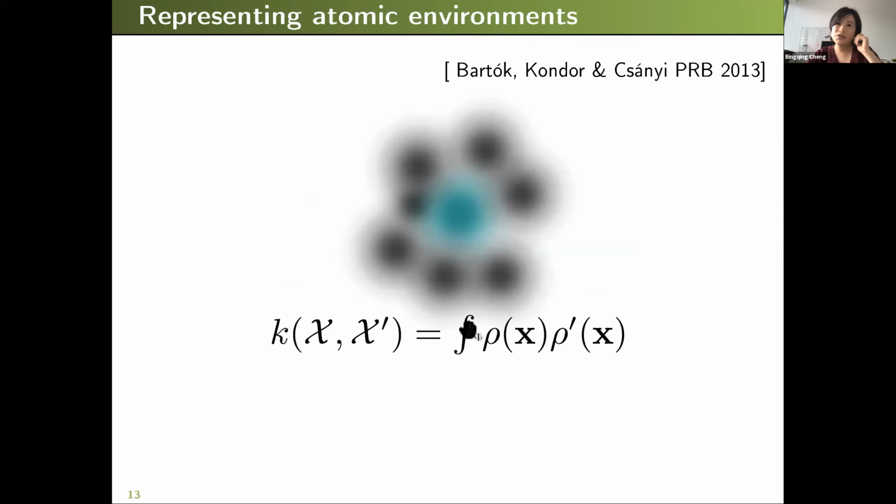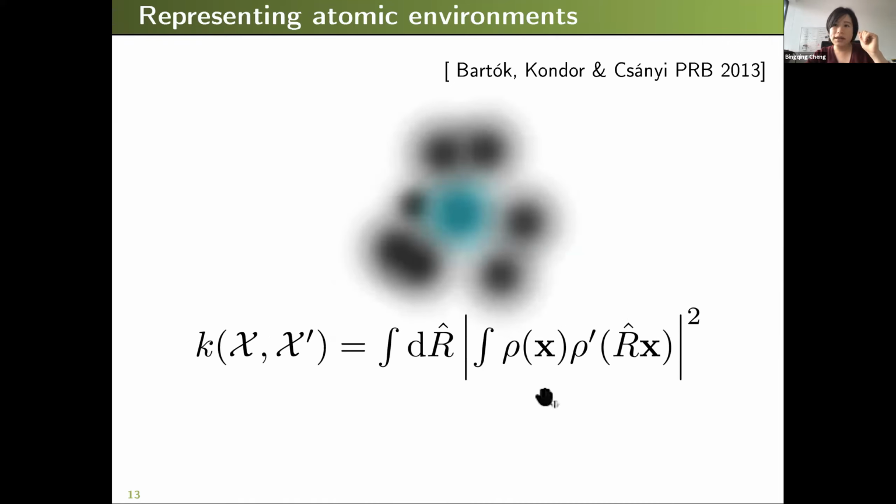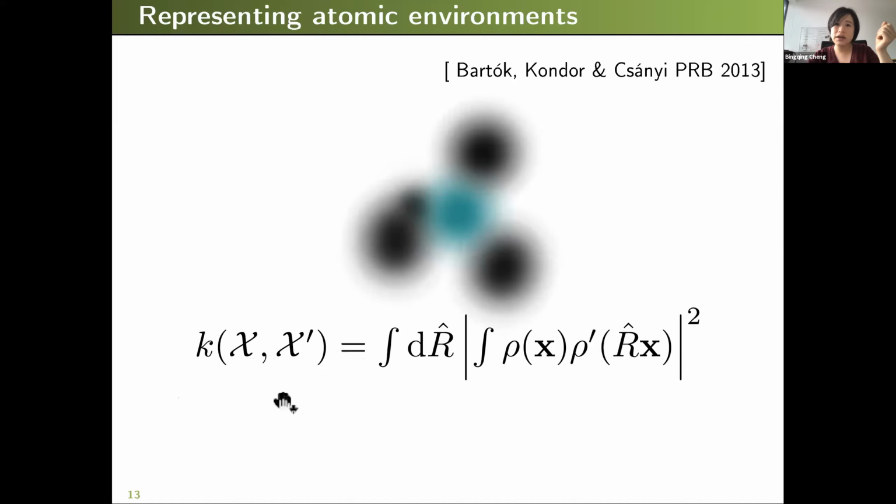The next step is to remove the rotational variance. To do that, we basically overlap the two density maps, and then we do an integral of this overlap over all the possible orientations of rotation. So you can see after this, we also remove the rotational variance.